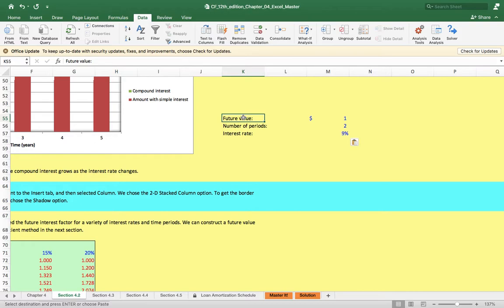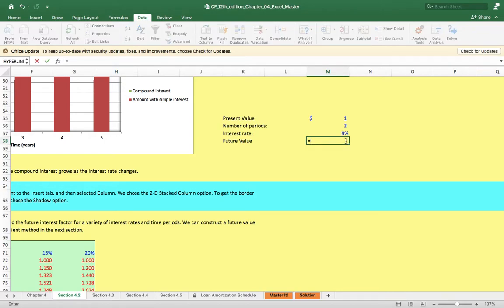You write down this is the present value. Present value of $1. Number of periods. Interest rate. Calculate the future value. Future value is equal to, use the future value function, FV.